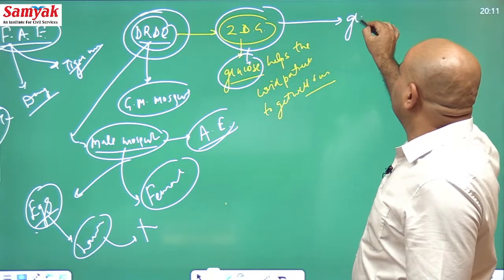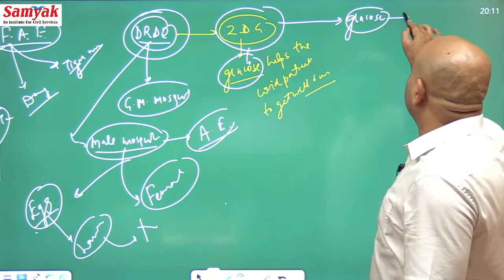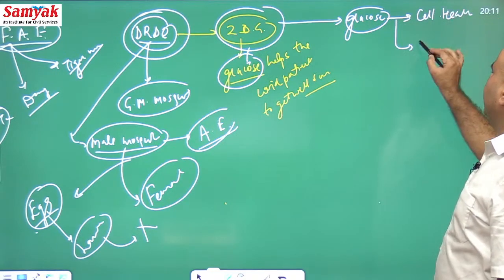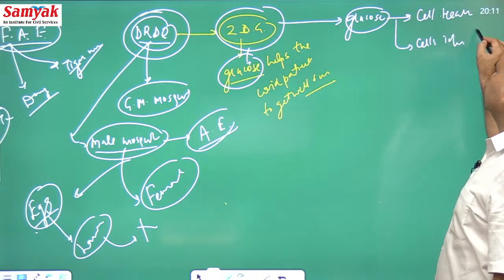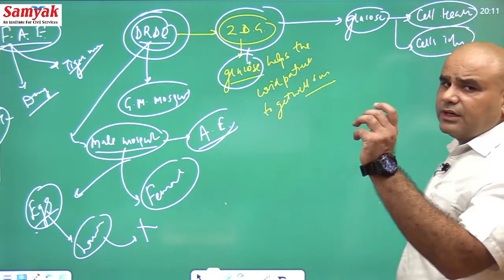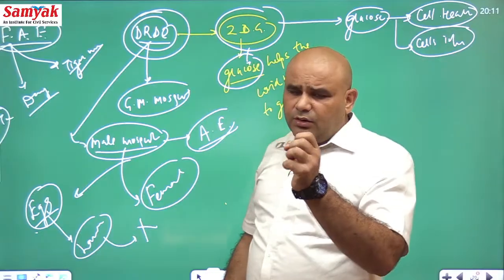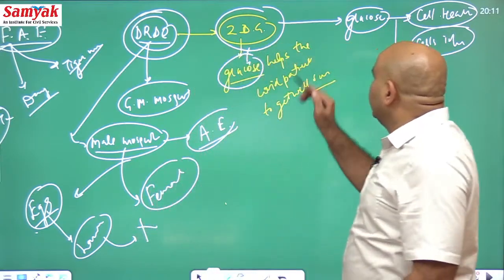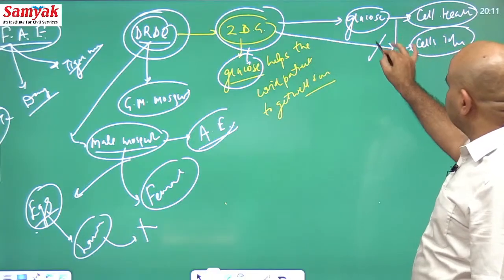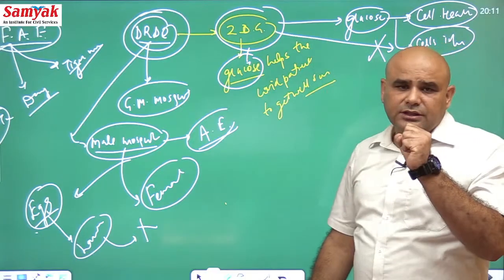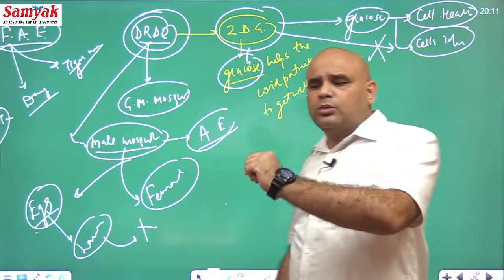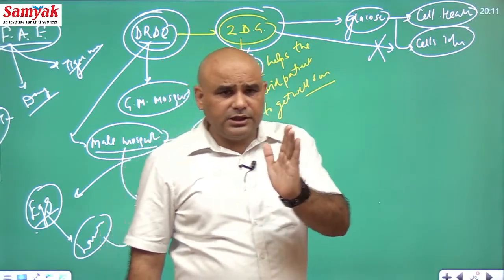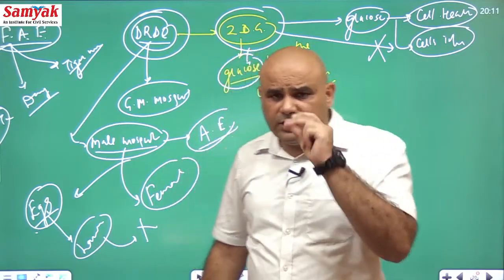You know very well that there are two types of cells: healthy cells and infected cells. The infected cells tend to take more energy from the glucose. So 2DG prevents the infected cells from consuming the energy, and as a result all the glucose is available to the healthy cells only. That's how the patient gets well very quickly.